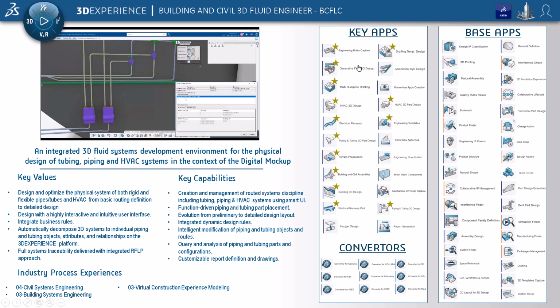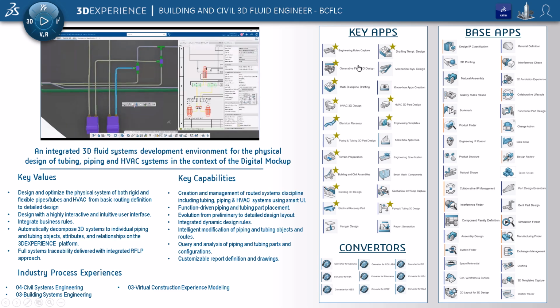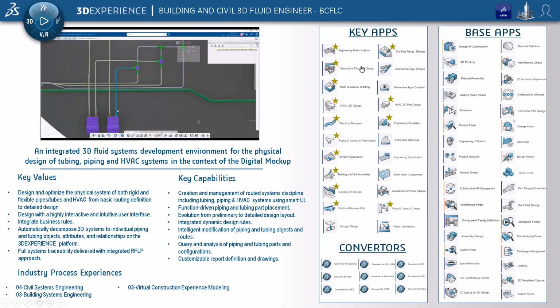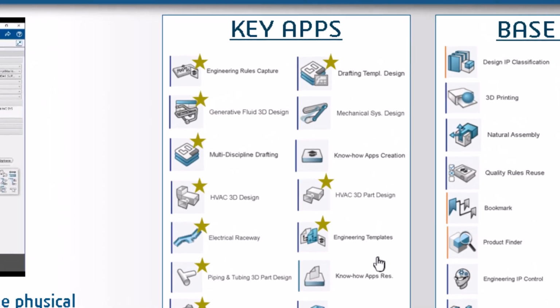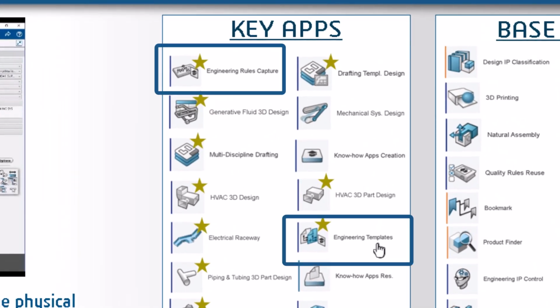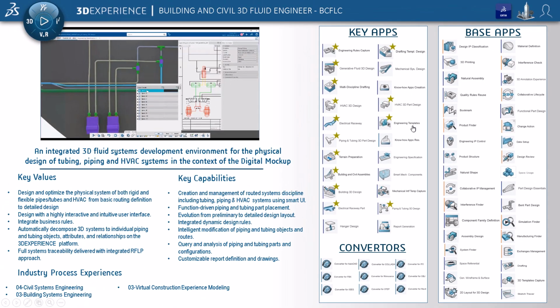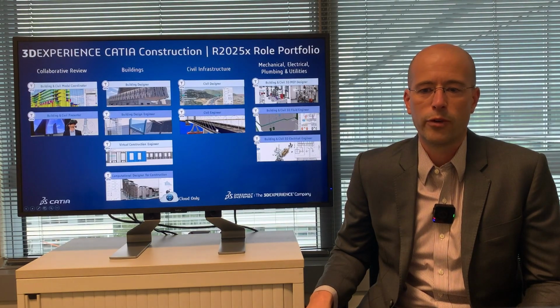So it's a way to generatively model piping systems using the schematic as the driver. In addition to those applications, we also have applications that include knowledgeware for advanced engineering template capture and the automation capabilities for advanced scripting within your 3D models. So that's an exciting, powerful role for piping.